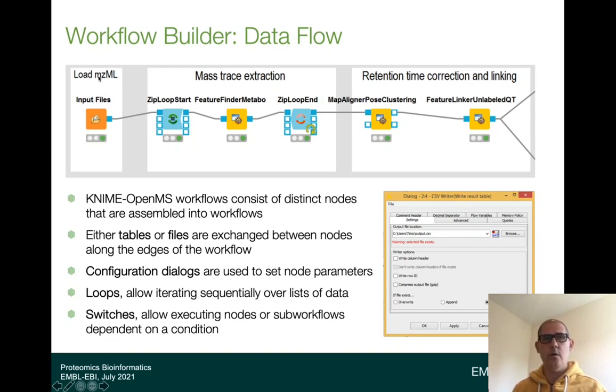For example, this is loading the mzML, this is loading the spectra, and this one is a metabolomics experiment, but those can be used for proteomics, where you try to trace or detect features in the mzML files, and then finally also do retention time corrections.